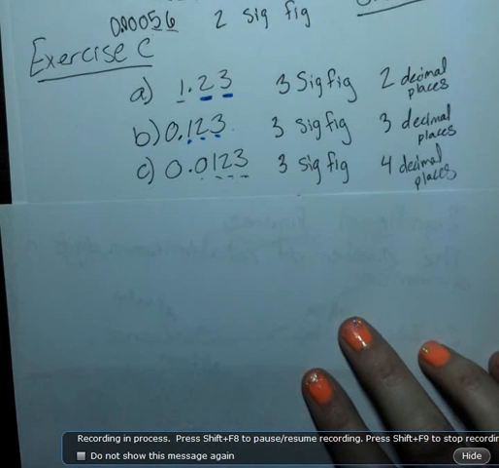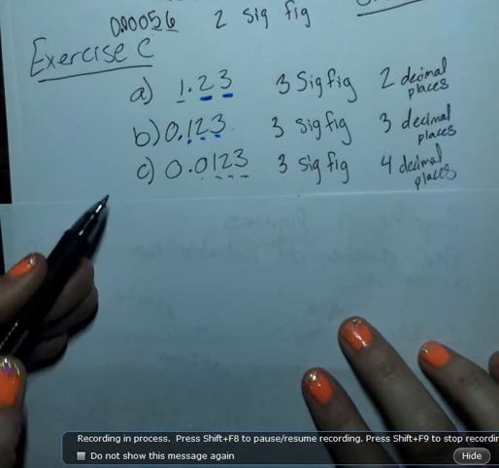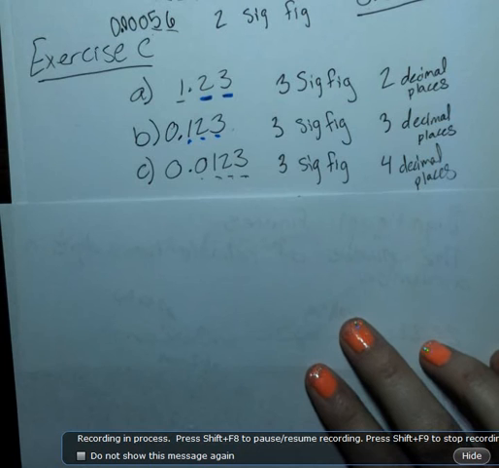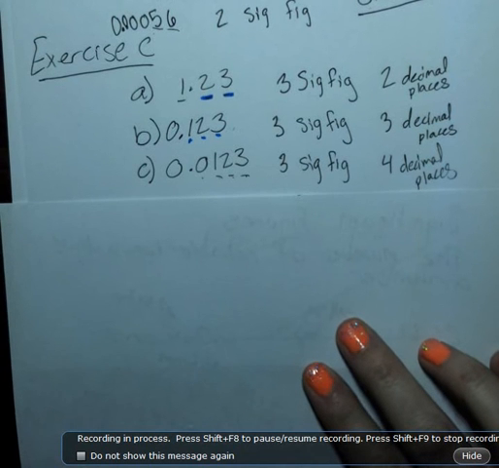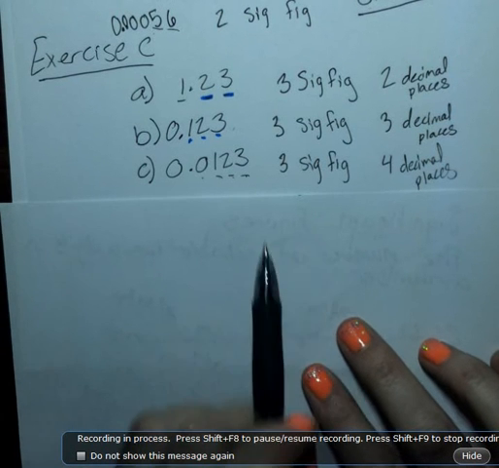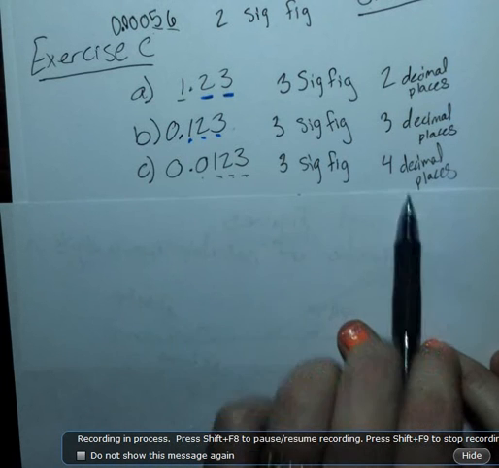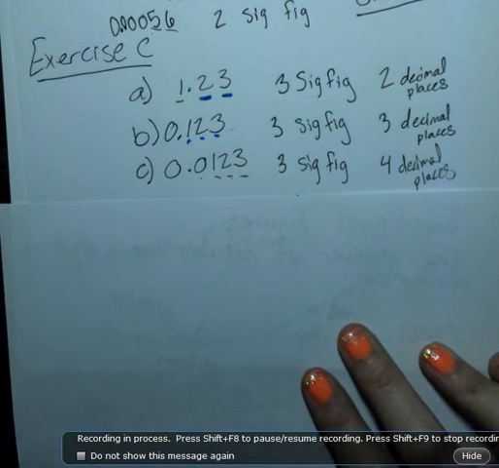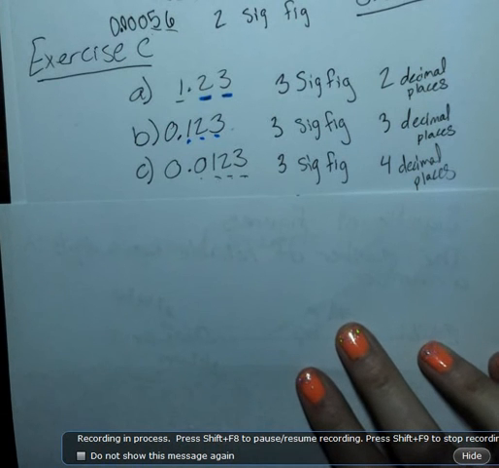So again, if A, B, and C all have the same unit, that makes C the most accurate of these numbers, even though they all have only 3 significant figures. That's one of the most important distinctions between the total number of significant figures and the total number of decimal places. This is an important consideration when we're looking at addition and subtraction with numerical values.